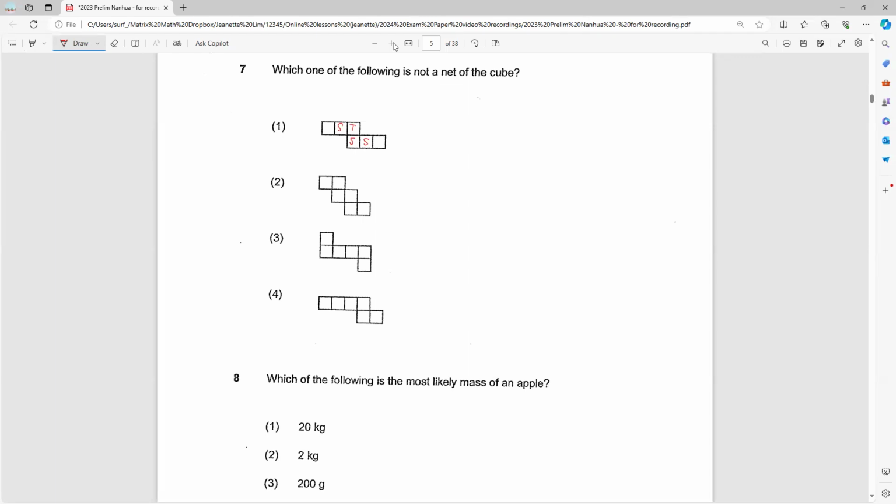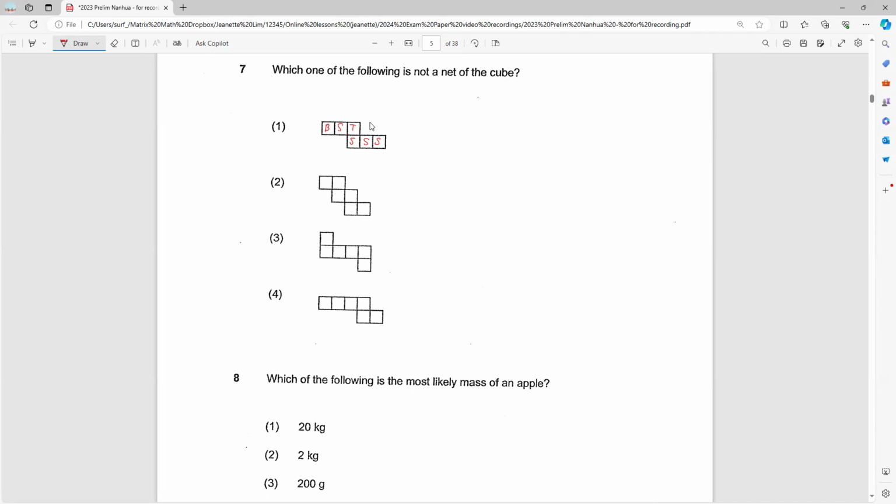Then this one will wrap down and be directly below the top. So that's the bottom. Then this side will wrap around the sides. So okay, this is a net of a cube. So no, we are not looking for that.